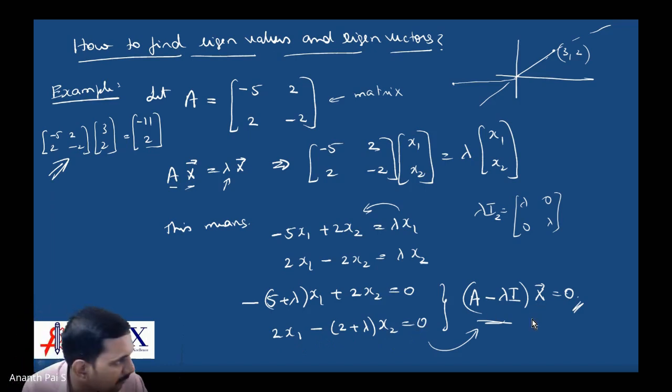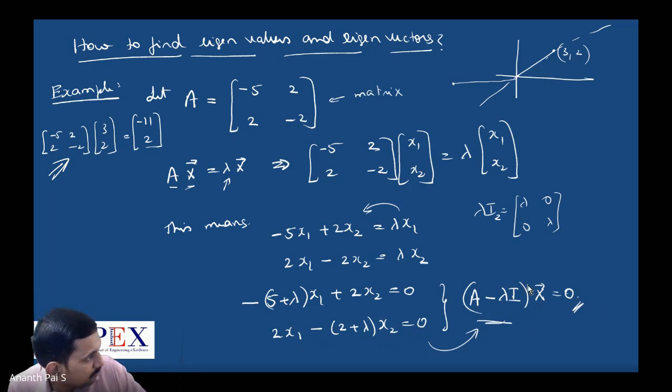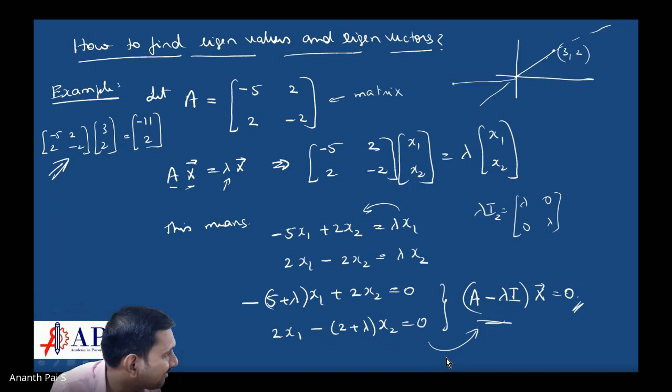What is this equivalent to? This is equivalent to the characteristic equation, which is (A minus lambda I) x equal to 0. Getting this? So the solution of this gives you what? The value of lambda. Make sense?